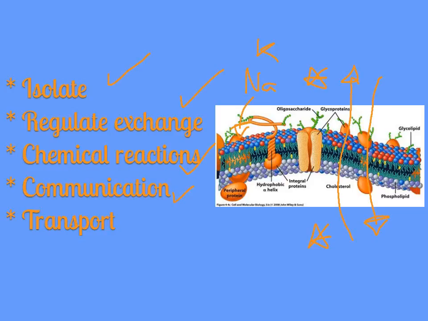Remember, one cell needs to be in touch with another in order to know if they are part of the same body or belong to the same tissue. And finally, transport. In other words, how substances are going to be moved. This point is directly related with the exchange of substances.